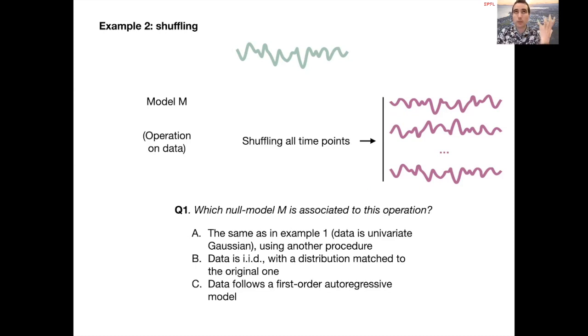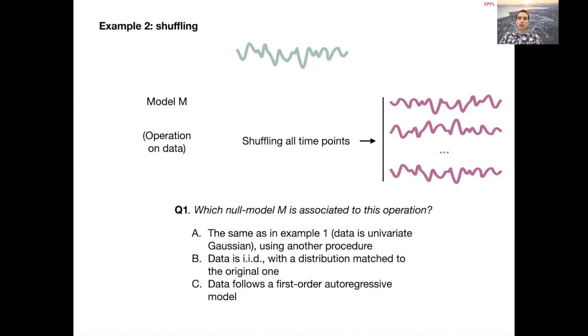Here the null model is implicit, and that's why I kept a line for operation on data. But it's important to be able to identify this null model, because as you will see later on, this will allow us to clarify what is the statistical information of the original data that we are actually trying to characterize.